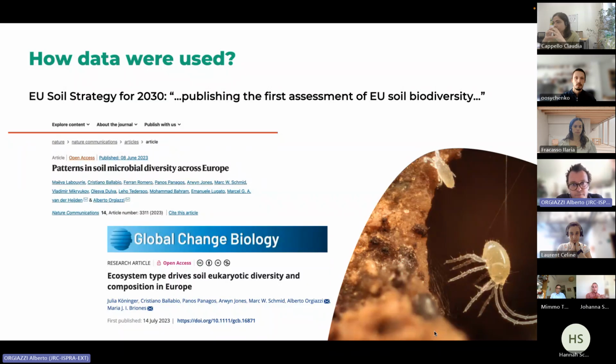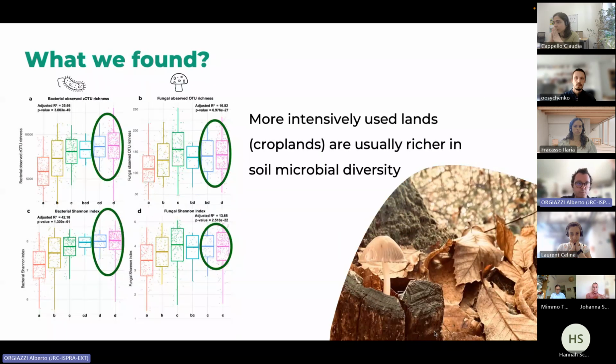Mainly two papers, one focused on microbes and one focused on, let's say, soil animals. And what we found, I'm going to show you some interesting results related specifically to microbes, so bacteria and fungi. One of the most interesting things that we found is that the more intensively used lands, like in particular croplands, so agricultural soils, were those that have higher diversity, let's say number of species.